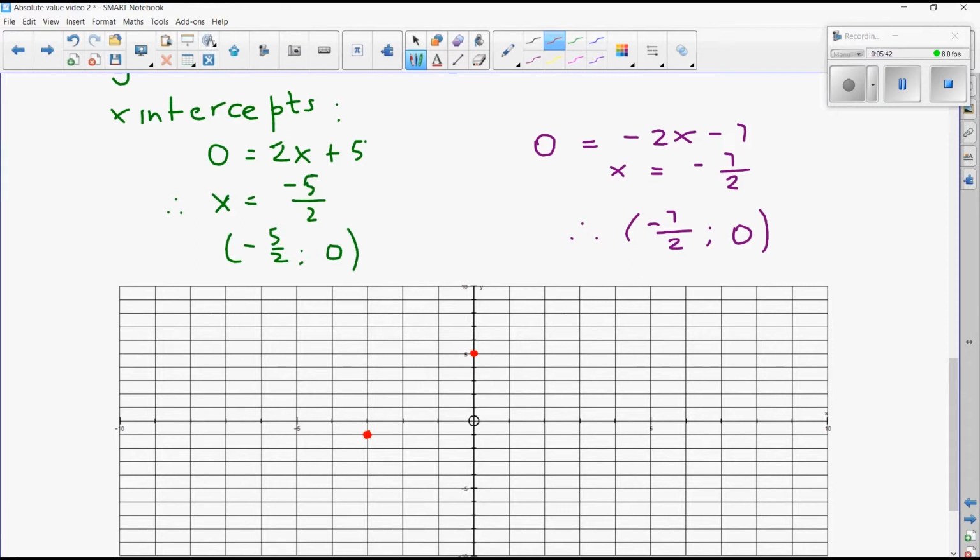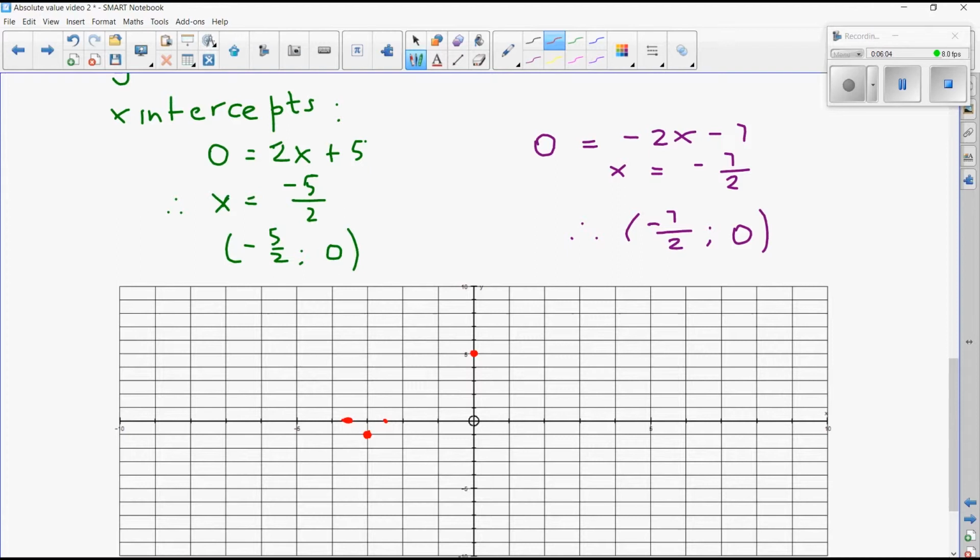I have an x-intercept at x equals negative 2.5 and y equals 0. I have another x-intercept at negative 3.5 and 0. So x is negative 3.5 and y is 0.